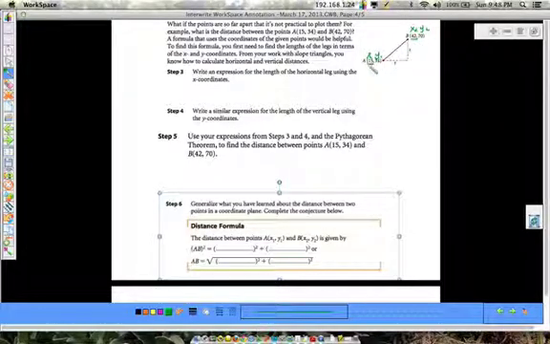So we'd say 42 minus 15, so x2 minus x1, or in our example, 42 minus 15. Now it says write a similar expression for the length of the vertical leg using the y coordinates. Vertical is the y, so we'd say y2 minus y1, or in this example, 70 minus 34.